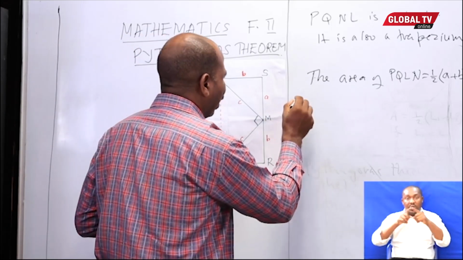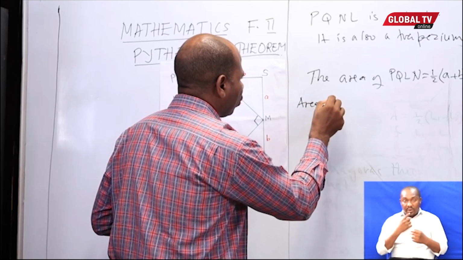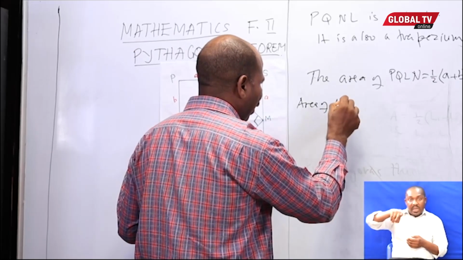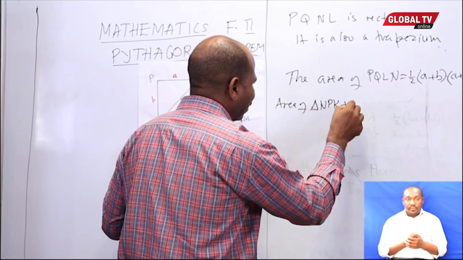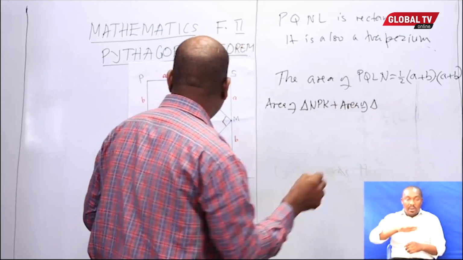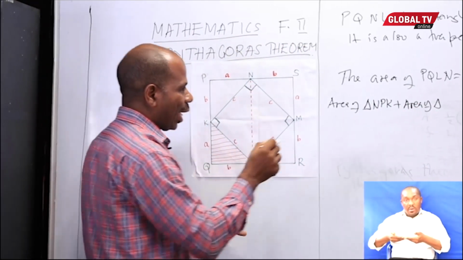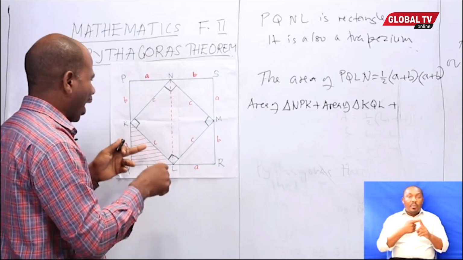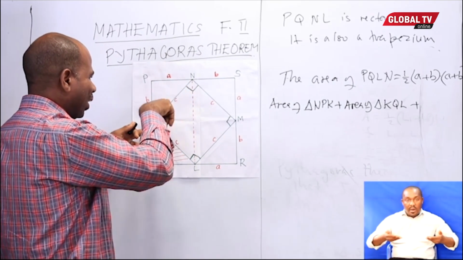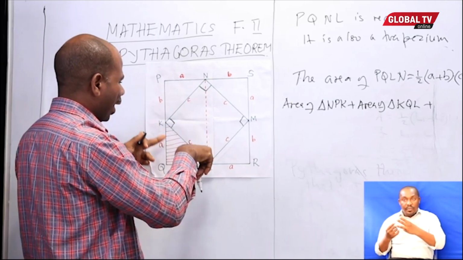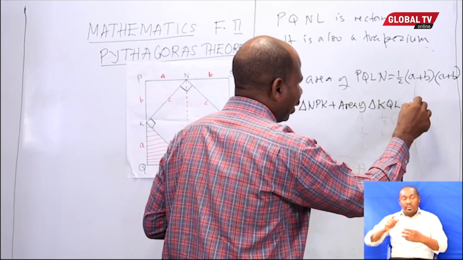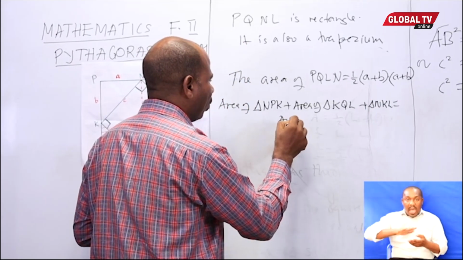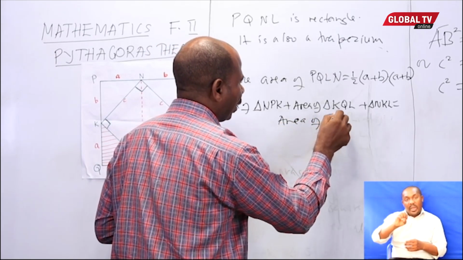So we can say the area of triangle NPK plus the area of triangle number 2, KQL, plus the area of triangle number 3, NKL, is equal to the area of the trapezium.